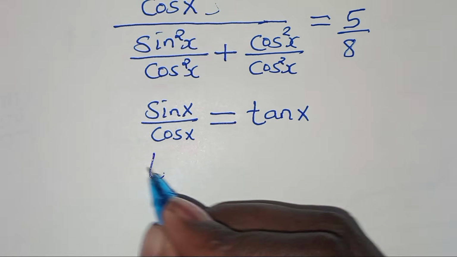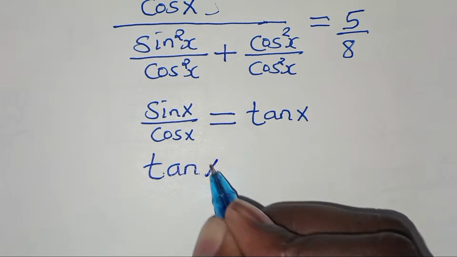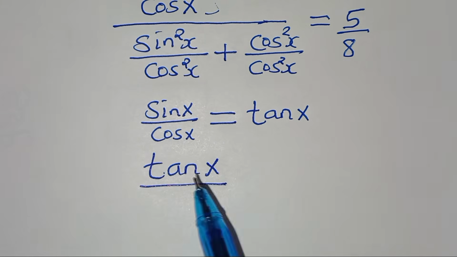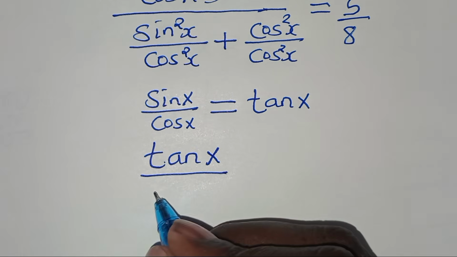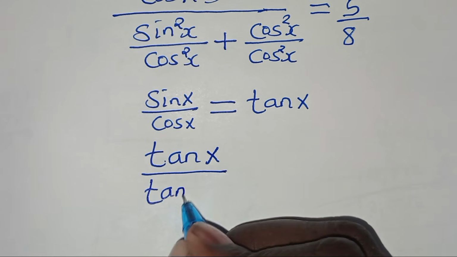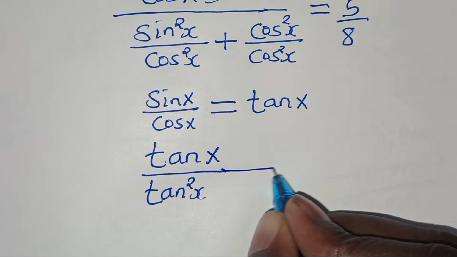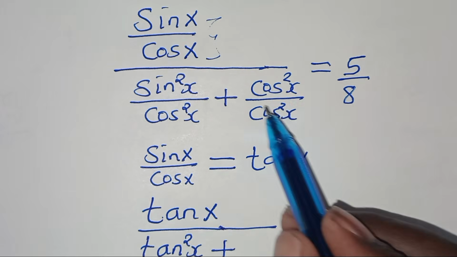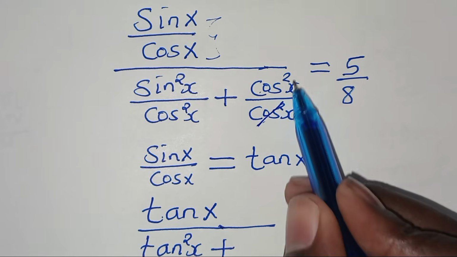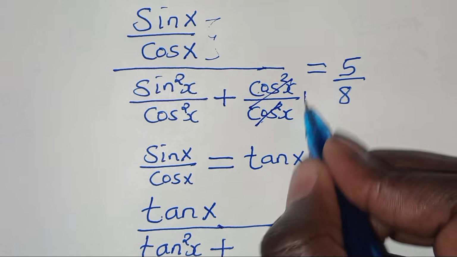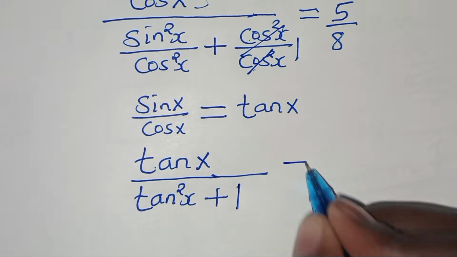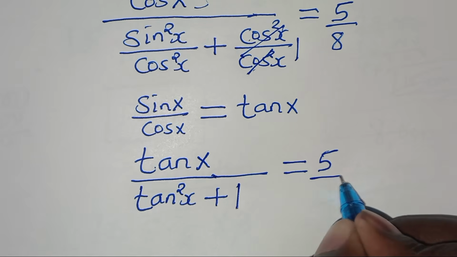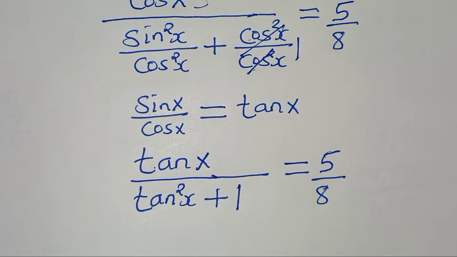So we have tan x divided by, now sin squared x over cos squared x is the same thing as tan squared x, plus cos squared x over cos squared x, which simplifies to 1. So we have tan x over tan squared x plus 1, equal to 5 over 8.